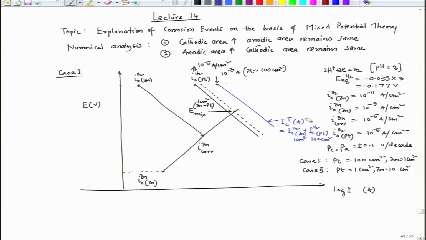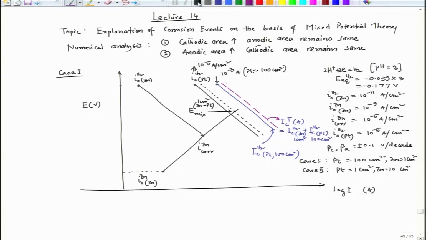Sorry, this is not that part, rather this is IC hydrogen over platinum 100 centimeter square, and then with a different color, this becomes the total.